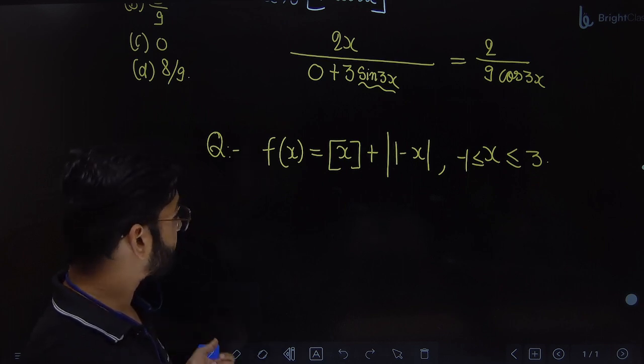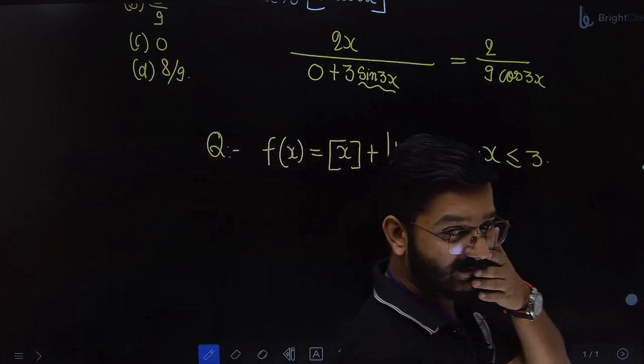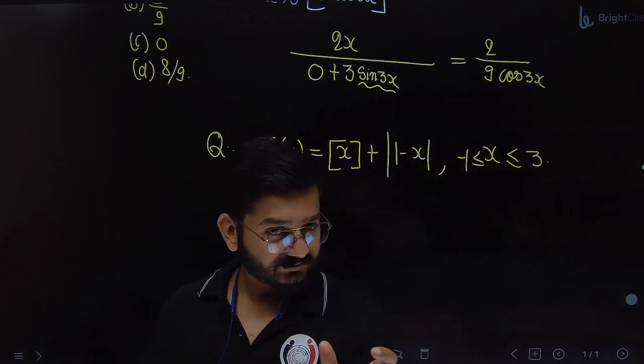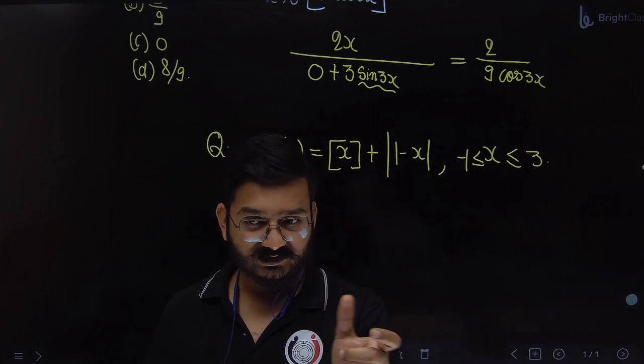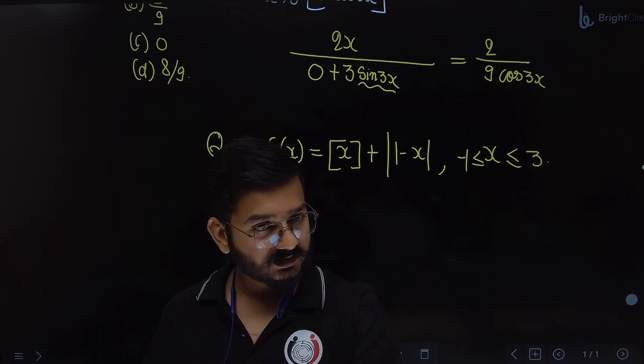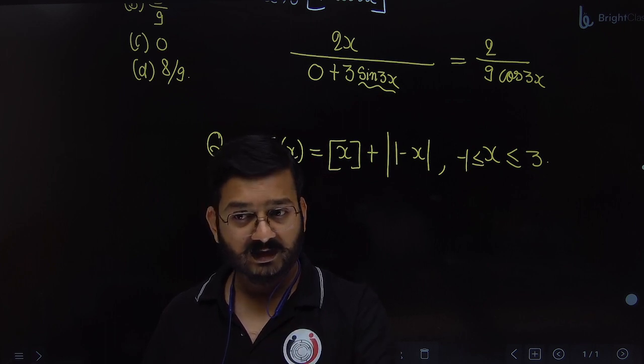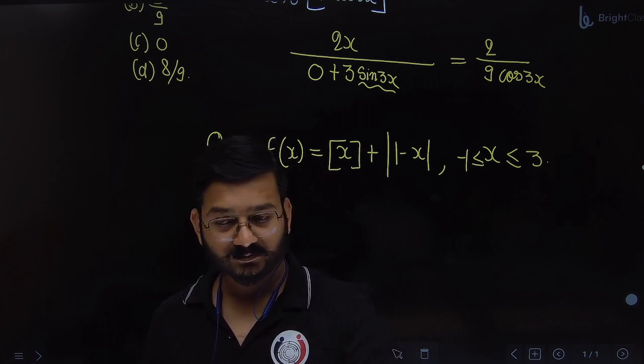Just give me 1 minute to explain one thing. If you remember, in yesterday's session, I told you about the algebra of continuous functions: if f and g are individually continuous, then the sum, difference, product, and division, all four, will be continuous.